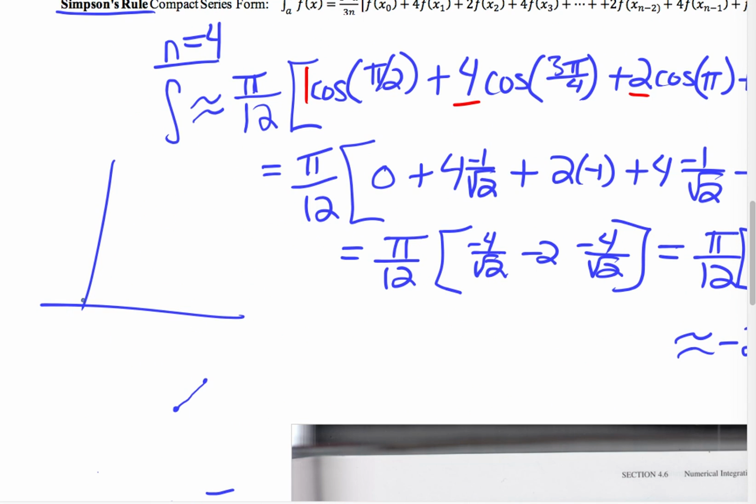Let me try to draw what I mean there real quick. So if you've got a function that looks like this, one way to connect one node to another, like here's x0 and x1, is to use a straight line. But what Simpson's does is it tailors a parabola between this point and this point. You can see that's going to hug the curve a lot better, and you won't get all this error like you would for the linear way.